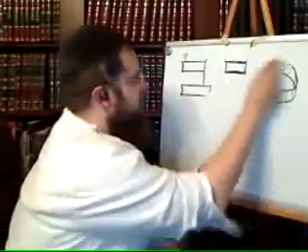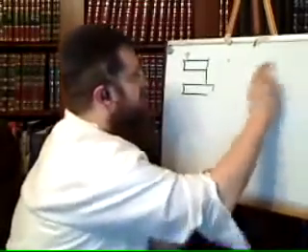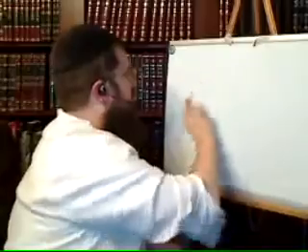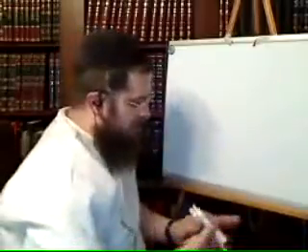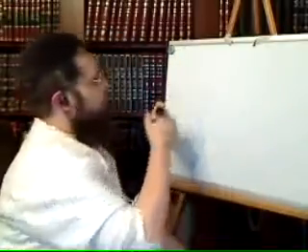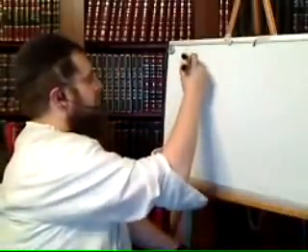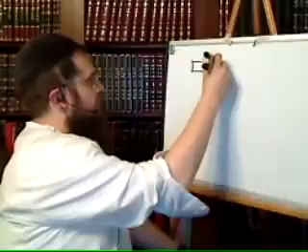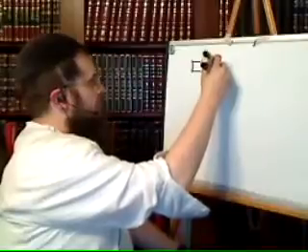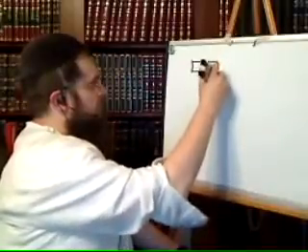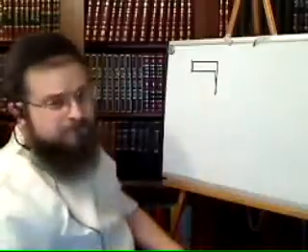Okay, another example of this has to do with the letter Dalet. The fundamental form of the letter Dalet, or the primordial form, the Ikar Tzura, looks like this. All right.